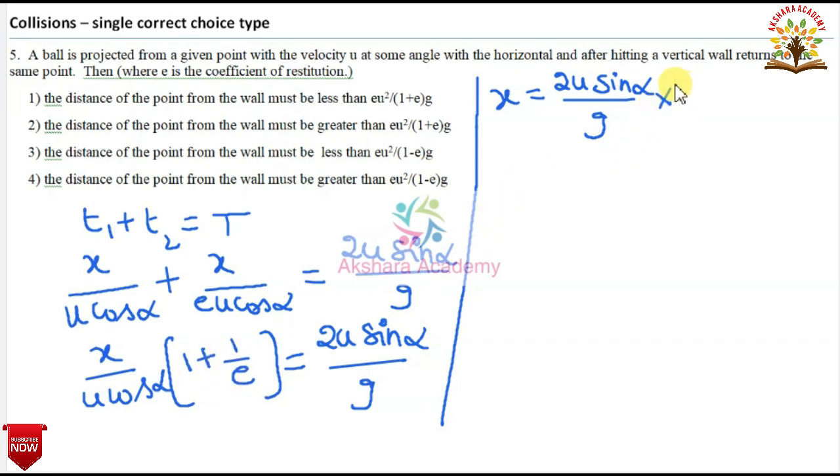Reversing, e by (e plus 1) into u cos alpha.